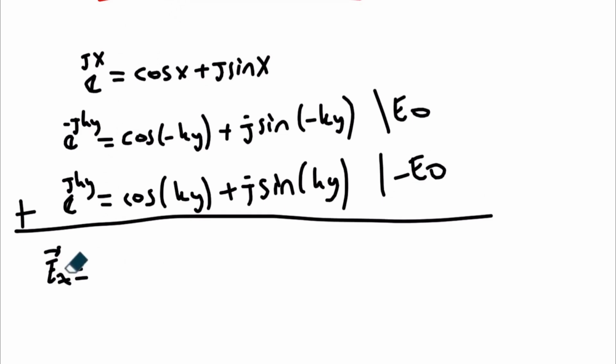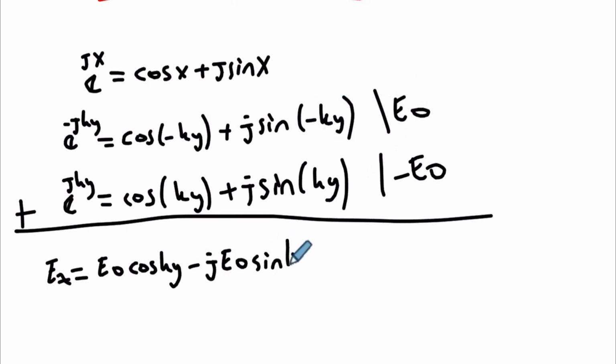Let's erase this vector for now. What happens, friends? You know that E0 absorbs the negative, so E0 cosine ky plus j E0 sine. Since the negative can't be absorbed by sine, the negative comes out and makes it negative here, friends: negative j E0 sine ky.